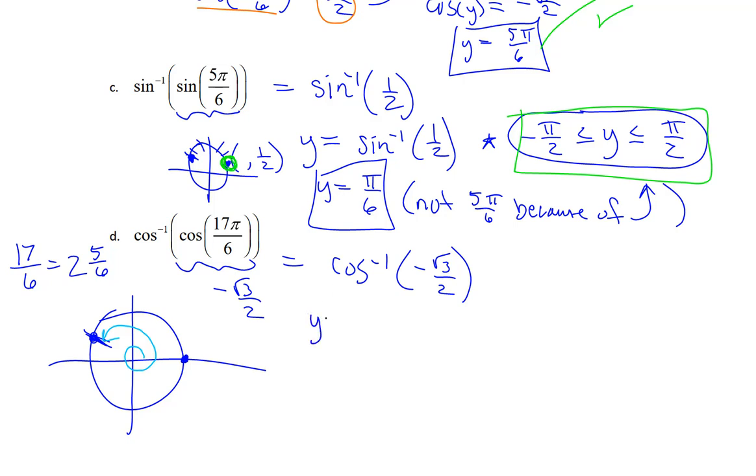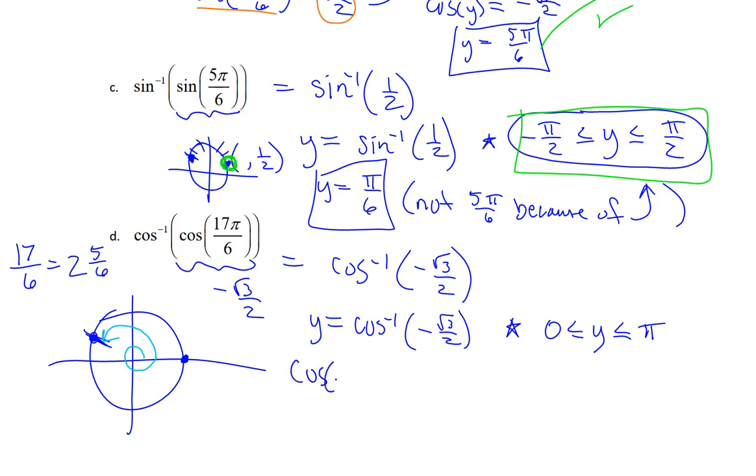Now let's use the same thing we've been using above, which is I'm going to set y equal to this. So y equals the cosine inverse of negative root 3 over 2. That should immediately, or hopefully with practice, trigger our remembrance of the restriction on the range of cosine inverse. Remember, this was where y would have to be stuck between 0 and pi. And if that's the case, we're just going to go to the unit circle and figure out what option works for us.